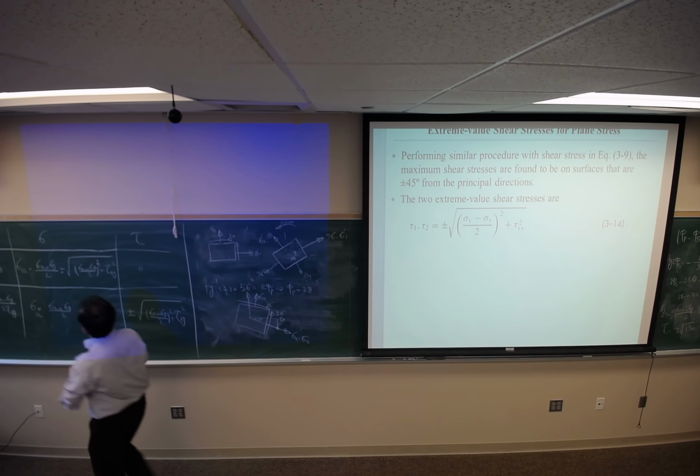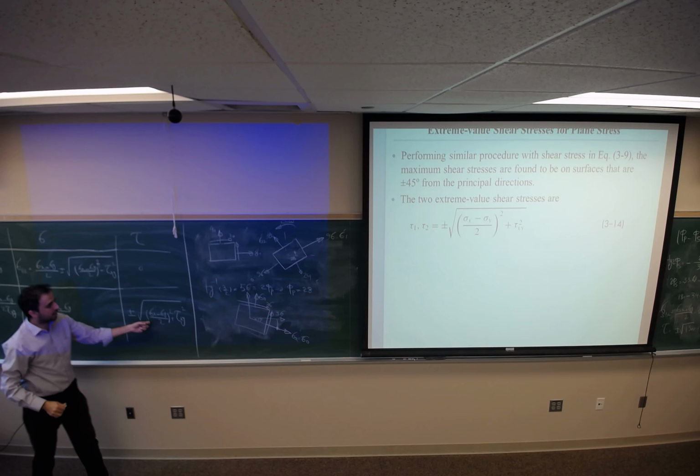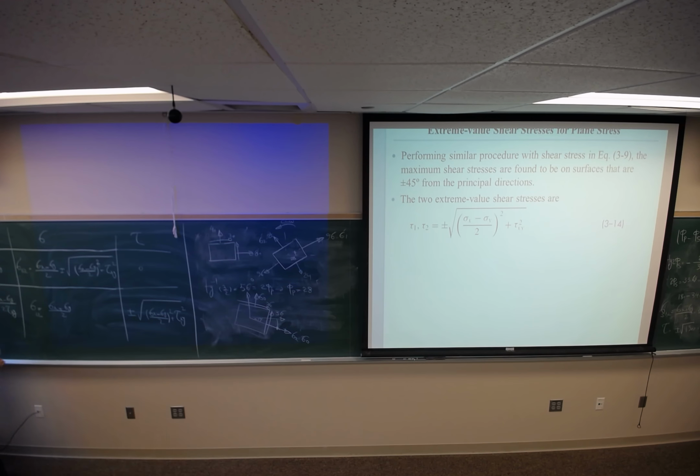If you look at the principal normal stresses, sigma prime 1 and sigma prime 2, just look at this. Sigma x plus sigma y divided by 2 plus this and minus this. And compare with the extreme value of the shear stress.